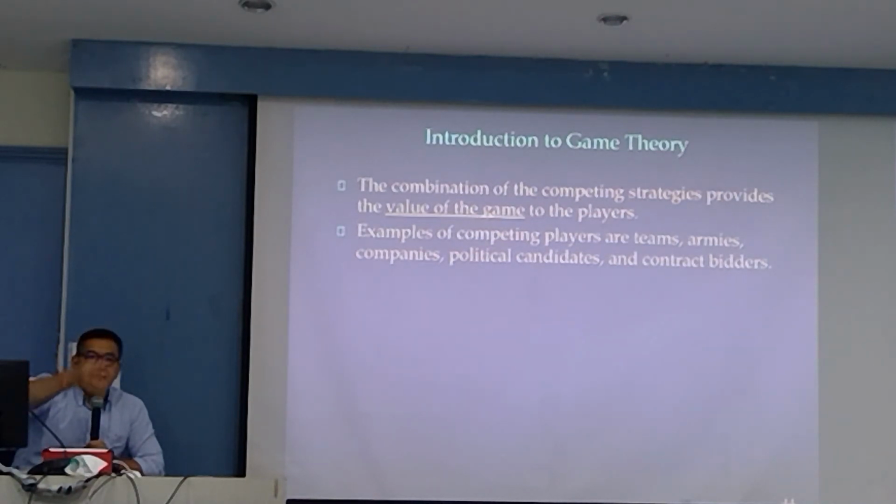But since you stay in the same market and you have just two players, if you gain, another one is going to lose. You get benefit, another one loses. You get money, another one loses money. You win, another one loses. So this is the assumption.